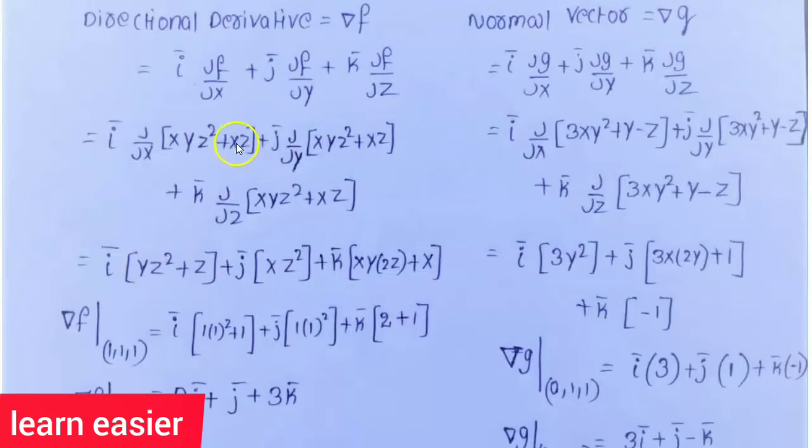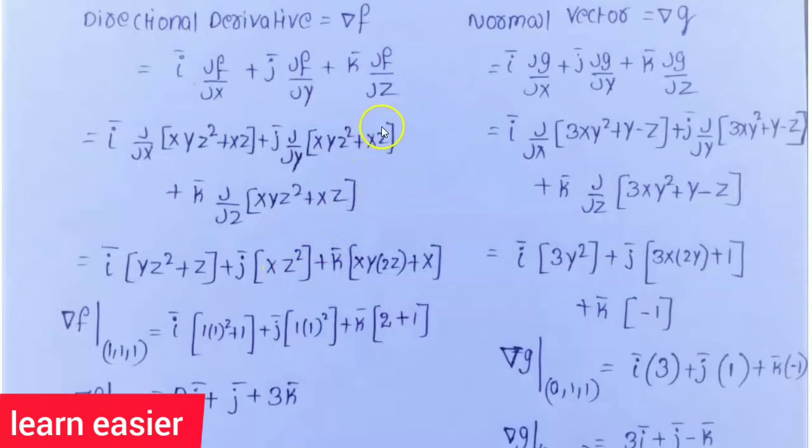Plus here we have xz, so the derivative of x is 1, so 1 into z is z. Now we differentiate with respect to y, taking x and z as constants. Here the term contains y, so the derivative of y is 1, so 1 into xz square gives xz square.